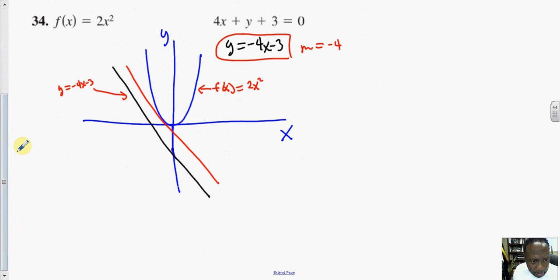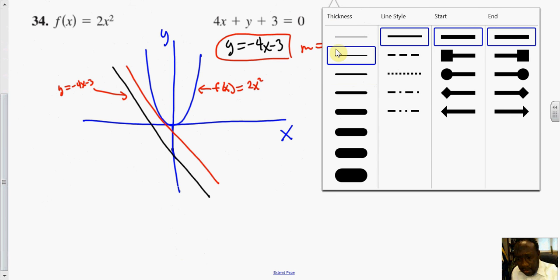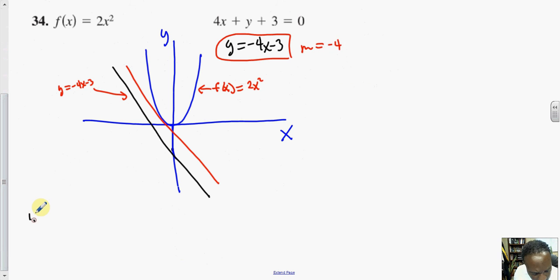But here we act like we don't. So the first thing that we do is graph both equations, which we just got through doing.